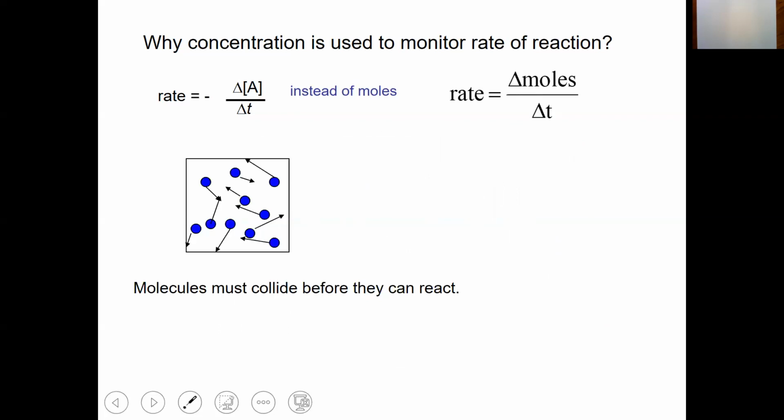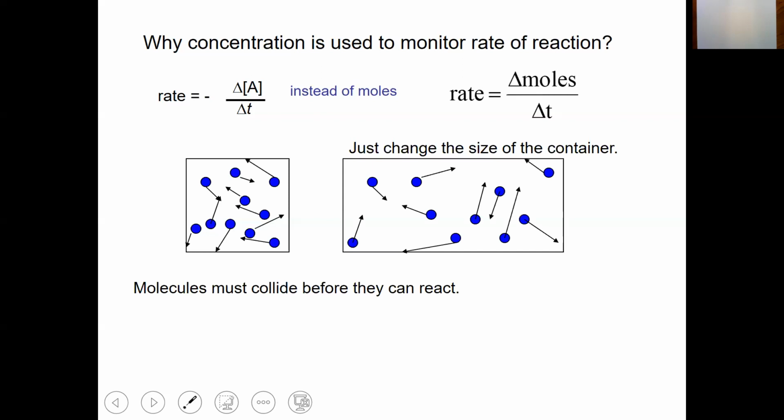So if you have this many molecules and you put them into some sort of larger container, they're less concentrated. What does that matter? Well, in the smaller container, those molecules will collide more frequently than they will in the big container. They're more concentrated in the small container than they are in the big container.